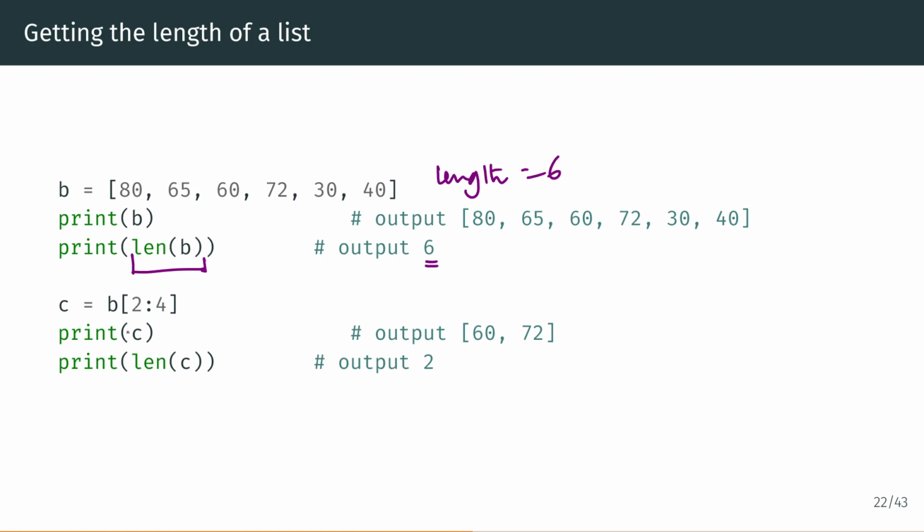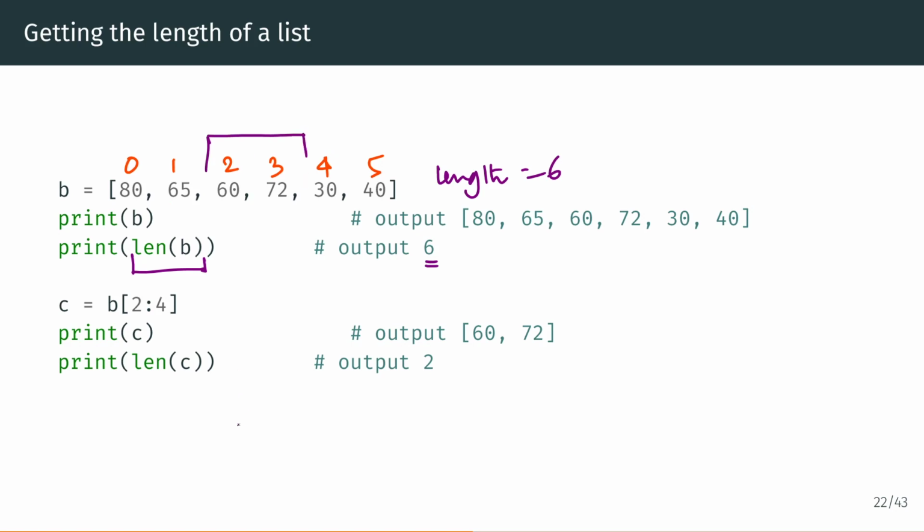But this also works with your slice notation. In this case, we have C equals B[2:4]. Remember, the indices are 0, 1, 2, 3, 4, 5. And when we say B[2:4], it means starting from index 2 up to but not including 4.